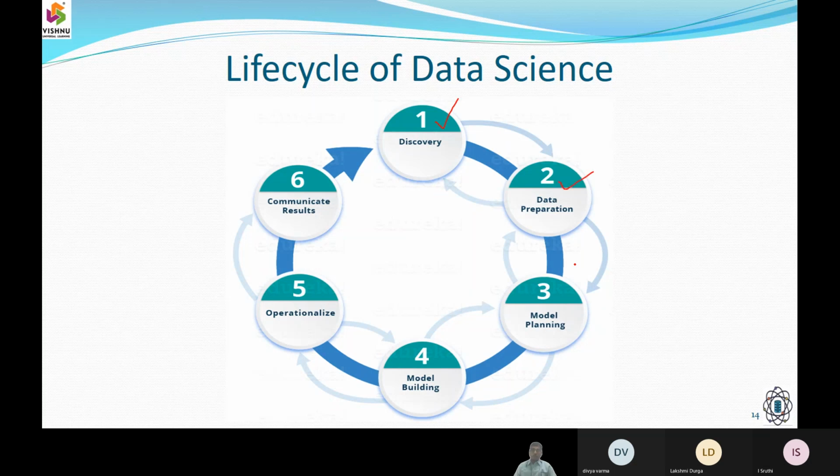Two, data preparation. Third, model planning. Fourth, model building. Fifth, operationalization. And sixth, communication of results.